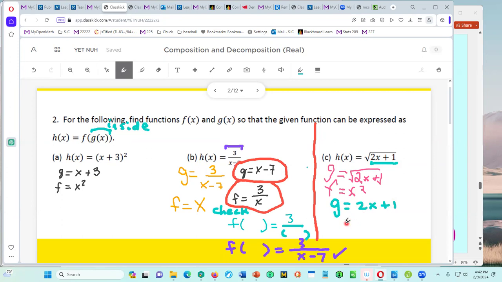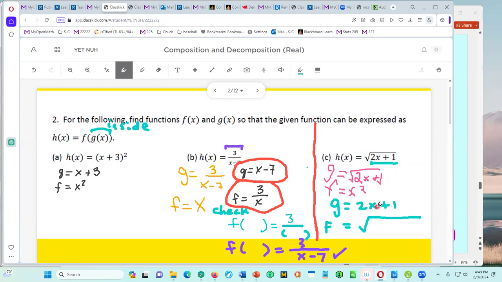What's outside? Well, outside, f of anything, f of x, it's the square rooting function. Right, Brianna? We're going to apply the square rooting function to the 2x plus 1.